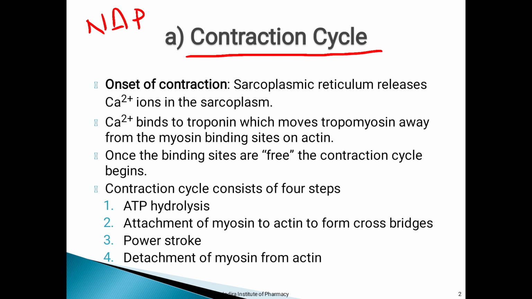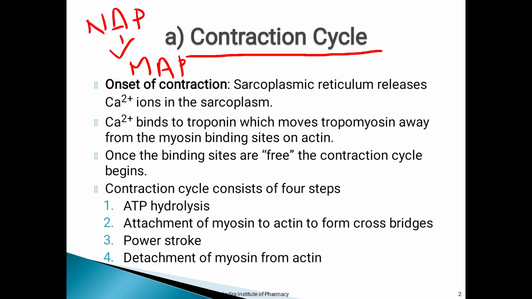Once acetylcholine is released, it binds with the acetylcholine receptors present on the motor end plate. Once they bind, the muscle action potential starts. So the nerve action potential is converted into muscle action potential.